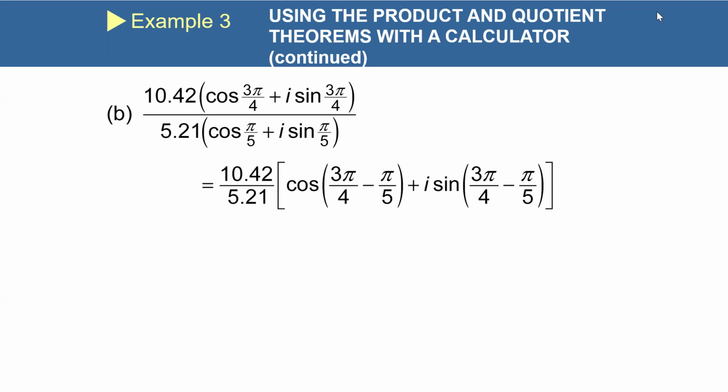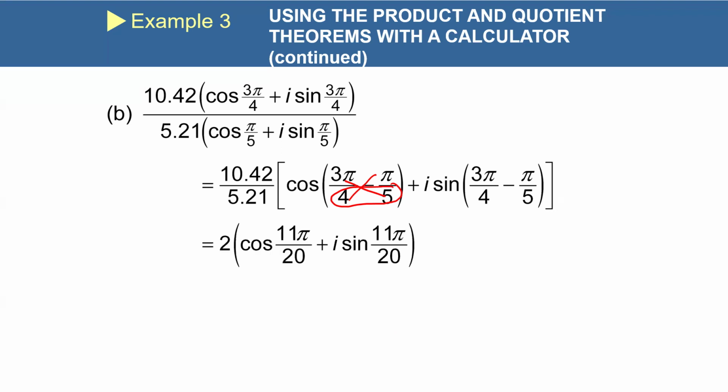Quick little cross chopsticks in the bowl to figure out my subtraction, in case you're wondering what I did. 3 times 5 is 15. 4 times 1 is 4. And 15 minus 4 is 11. And then you multiply. 4 times 5 is 20. So when we condense, it becomes 11 pi over 20 and 2.